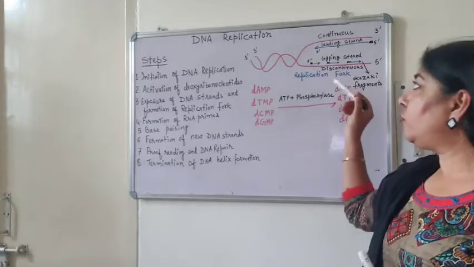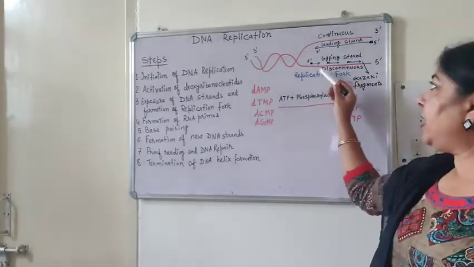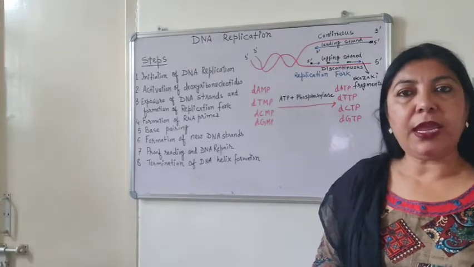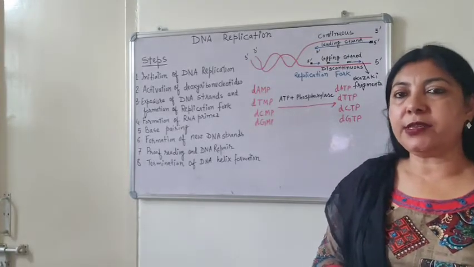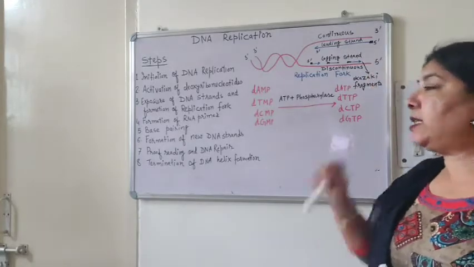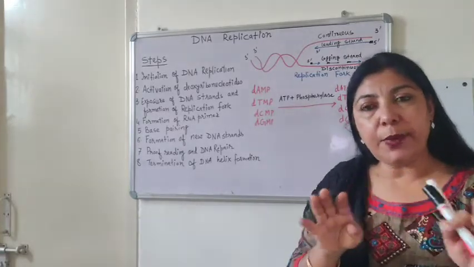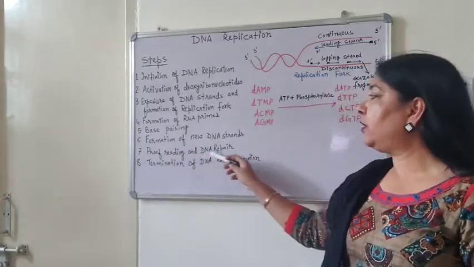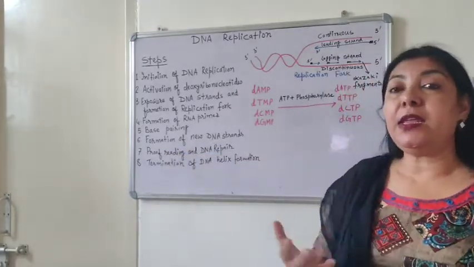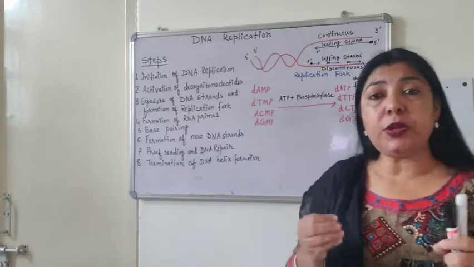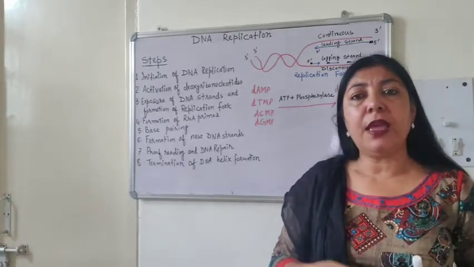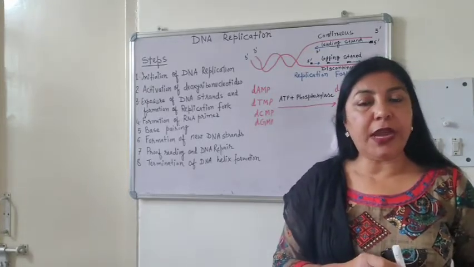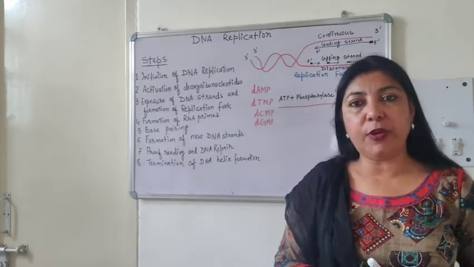After these two strands are formed, even these Okazaki fragments which are formed, later on they are joined together again by DNA polymerase. When both these strands are formed and complete DNA synthesis has taken place, then there is proofreading and DNA repair, because this process has to be very fast as well as accurate. If it is not accurate, it will result in the formation of mutation.